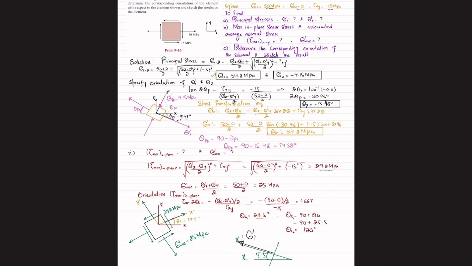Sigma 2 is negative, so it will be compressive. And for maximum in-plane shear, the normal stress over this surface will be the average stress, sigma average, and this angle will be 29.5 degree, and you will have an in-plane shear stress over this surface like this.